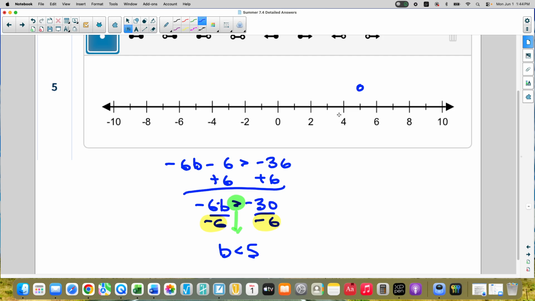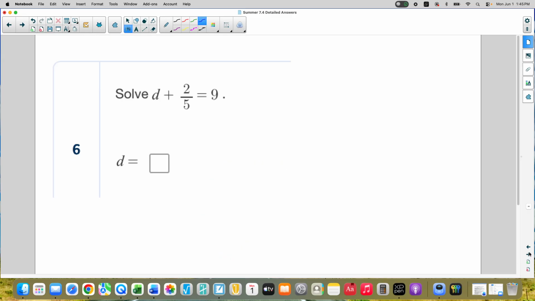It is an open circle because it's not included, and then we graph to the left. I'll go into why we flip the inequality during the school year, but you should know mathematically why we're flipping it when we divide both sides by a negative. I won't go into detail in this video, but we will talk about it during school.